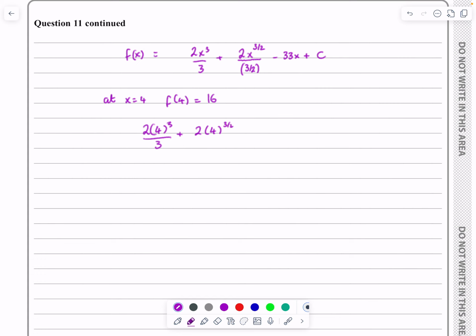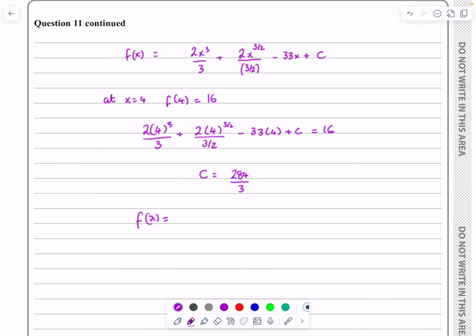Now, really, I should have tidied this all up. I'm not going to bother now that I've started with this, but you could have made this a bit neater before we put all this information in. I'm not going to do the calculation anyway, you are. So going through and doing all that, work out these values, take them all over to the other side. C works out to be equal to 284 over 3, if I write it as an improper fraction like that.